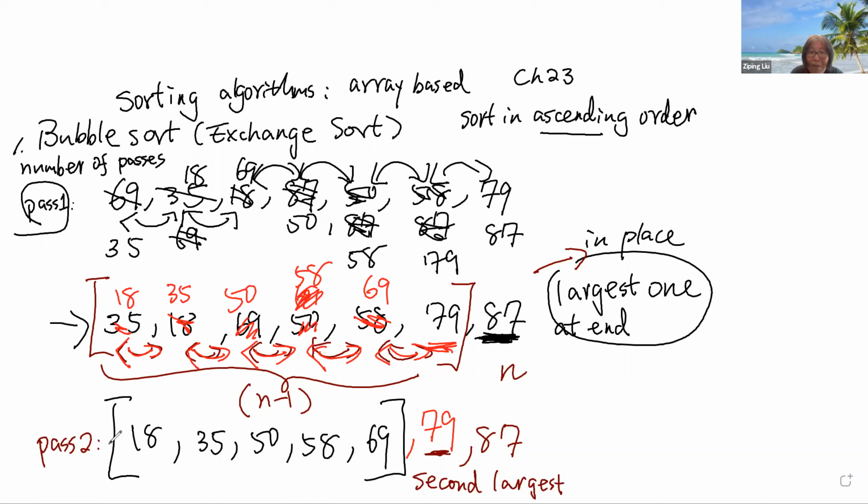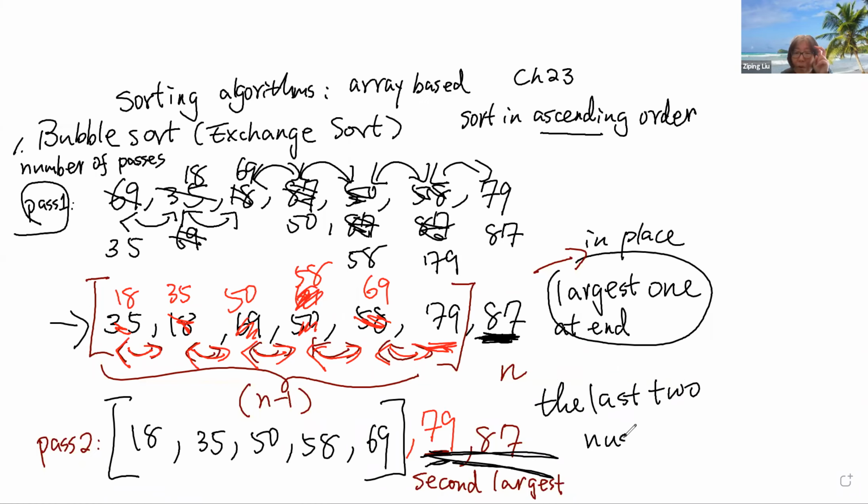So after the second pass, the last two numbers are sorted.